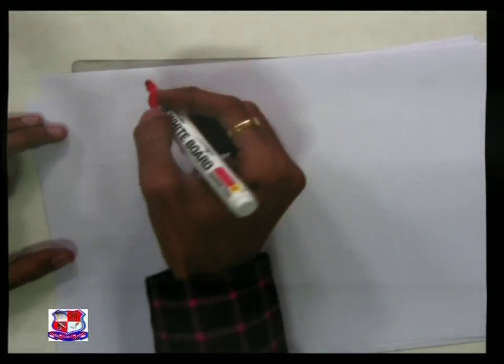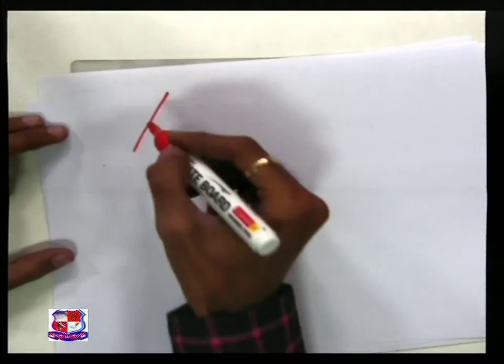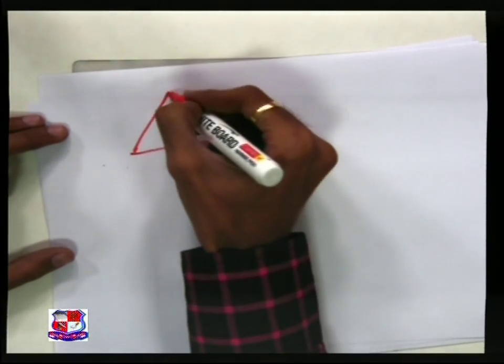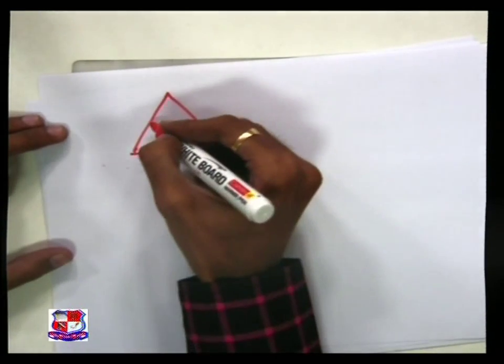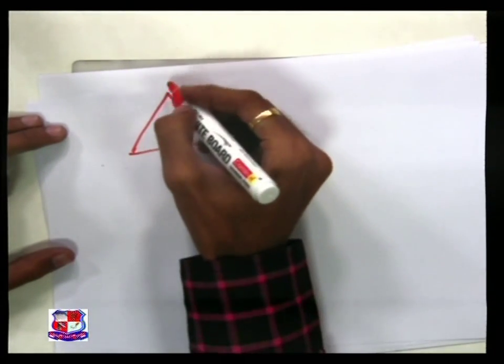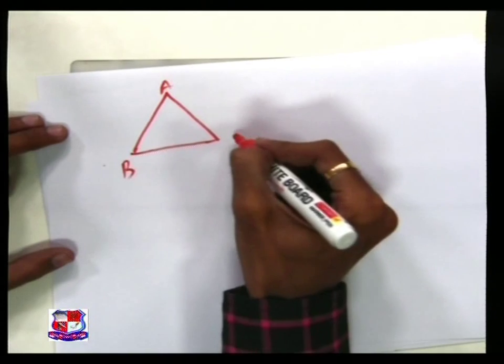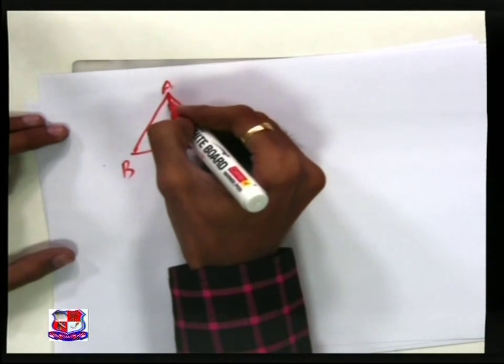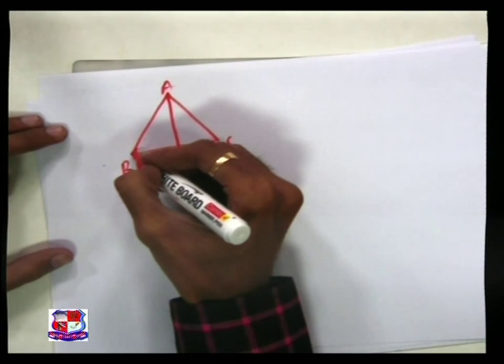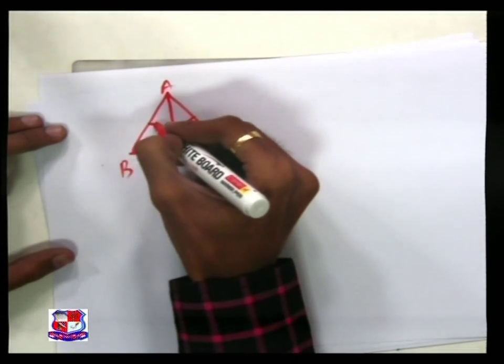The circumcenter is the intersecting point of all the, if I draw here, if we take the perpendicular bisector of all sides, this is the perpendicular bisector, this is the perpendicular bisector.